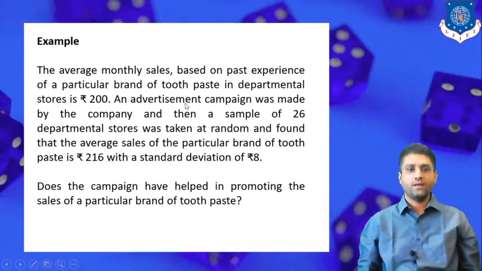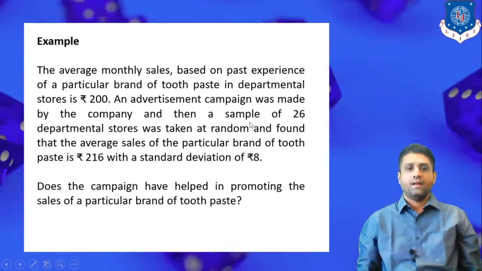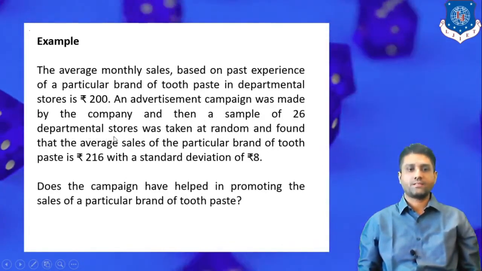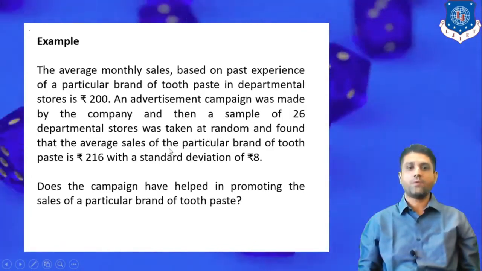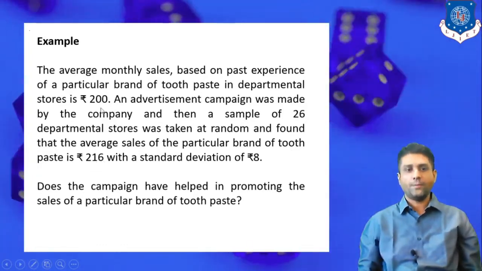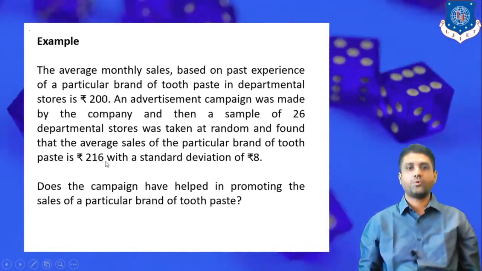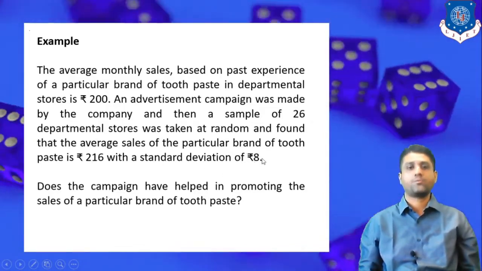An advertisement campaign was made by the company, and then a sample of 26 department stores was taken at random and found that the average sale of the particular brand of toothpaste significantly increased from 200 to 216 rupees with standard deviation of 8 rupees.